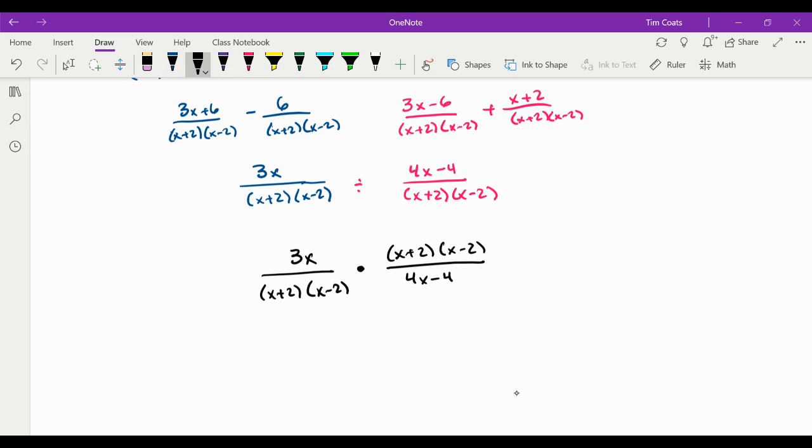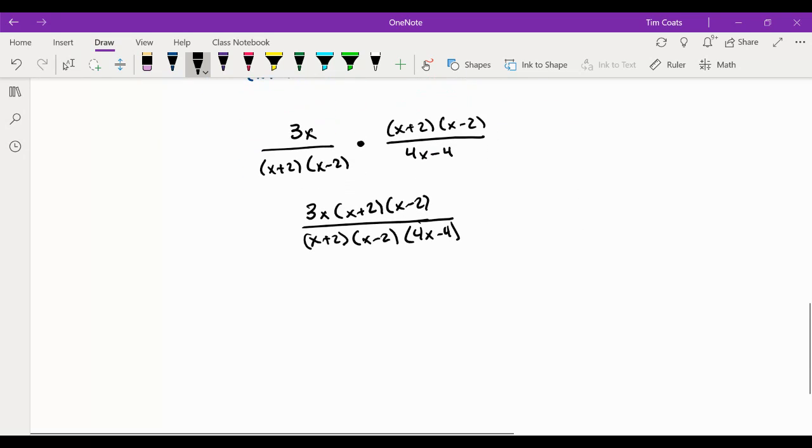And so now we could combine that to become 3x times x plus 2 times x minus 2 over x plus 2, x minus 2, times 4x minus 4. Well, we can see that some things are going to simplify here, the x plus 2 and the x minus 2, and so I would be left with 3x over 4x minus 4.